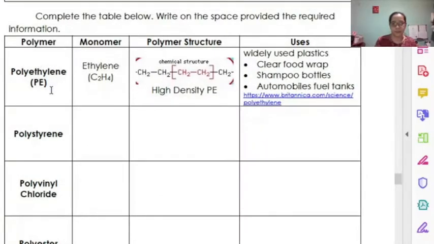First is the polyethylene, then the monomer of it is ethylene. Polymer structure is a chain, since the example I have given is the high density polyethylene. For low density polyethylene, it will be a different chemical structure. And then uses, what is its use or where it is used.